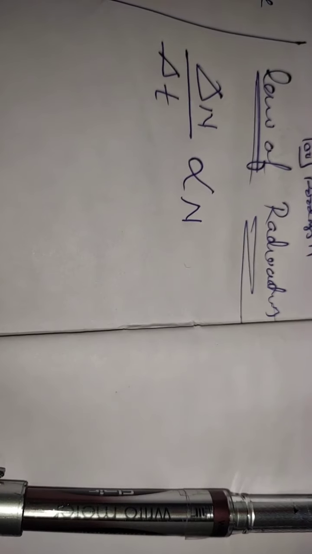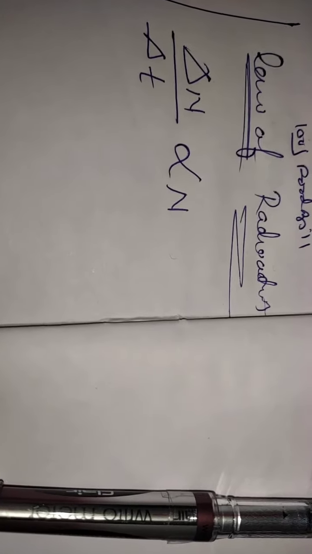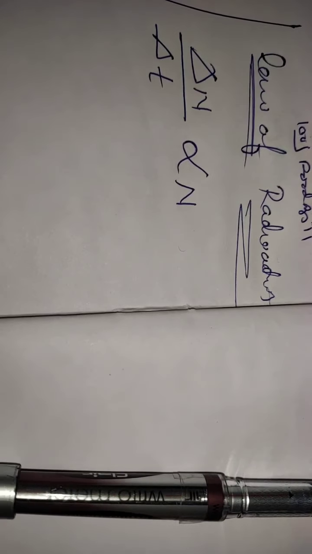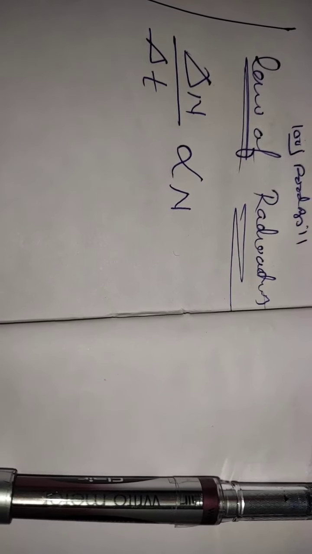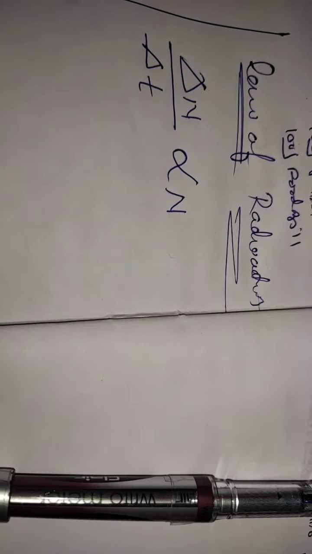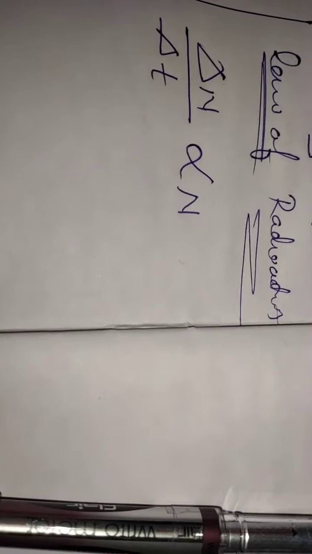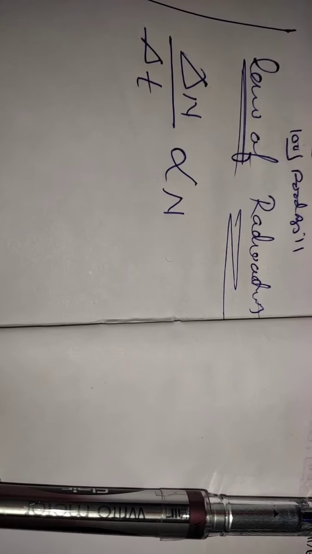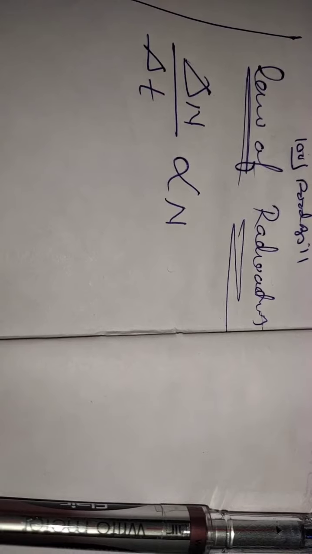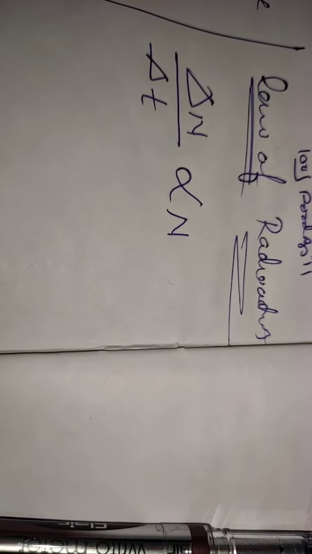What does the law of radioactivity say? In any radioactive sample which undergoes alpha, beta or gamma decay, the number of nuclei undergoing decay per unit time is directly proportional to the total number of nuclei in the sample.